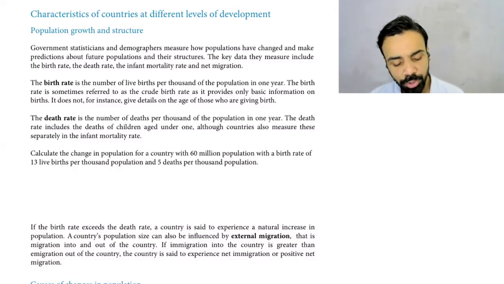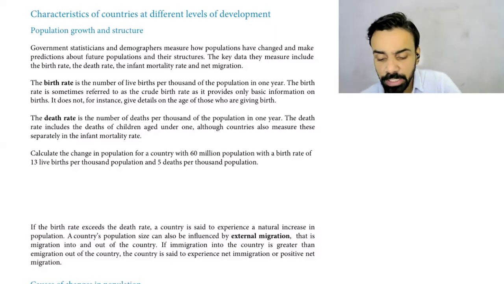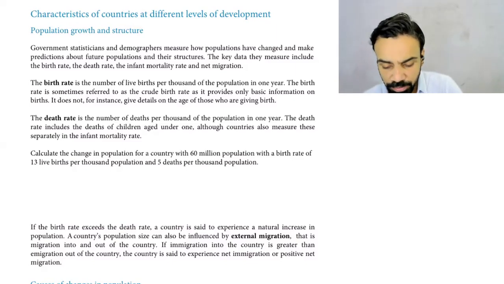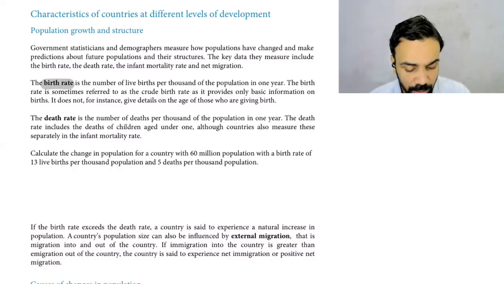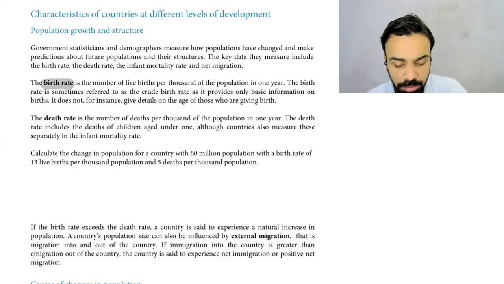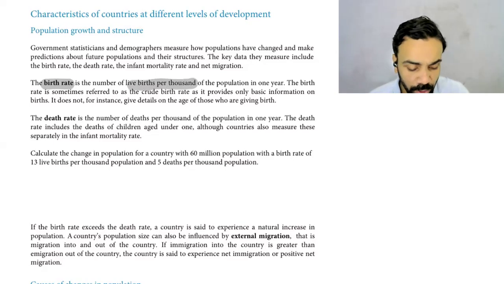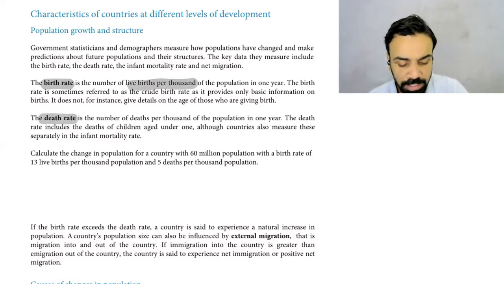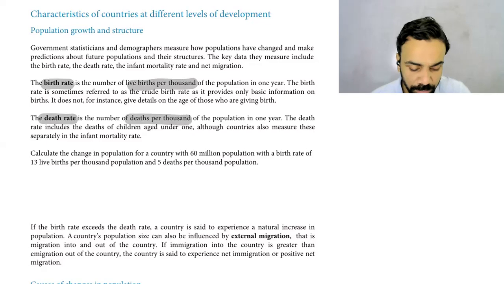Now when we look at the population growth rate of low and middle income economies, the first thing we need to clarify is that we have the birth rate, how many kids are being born for every 1,000 people. Then you have the death rate, how many people are dying for every 1,000 people.